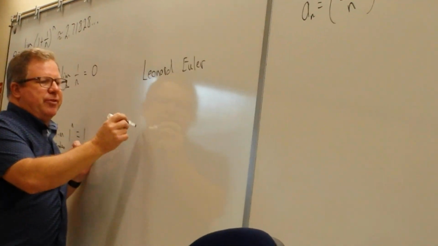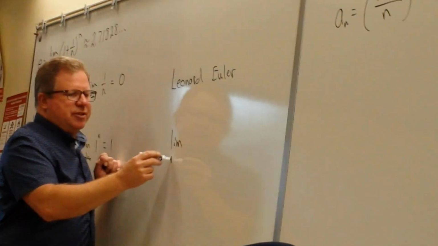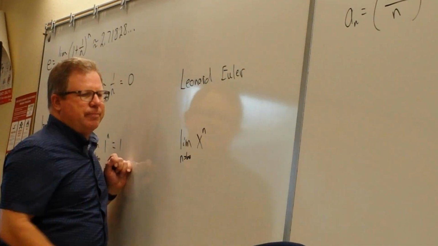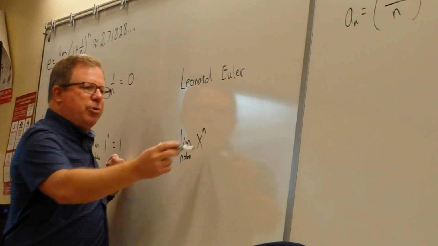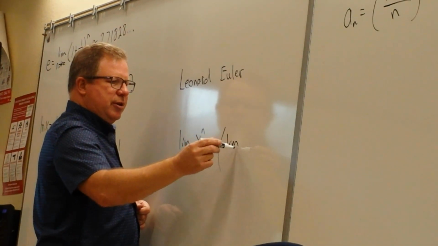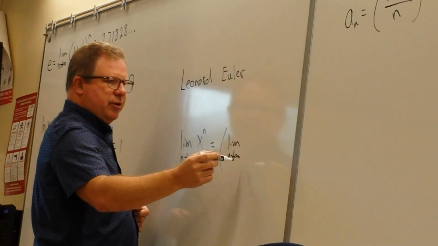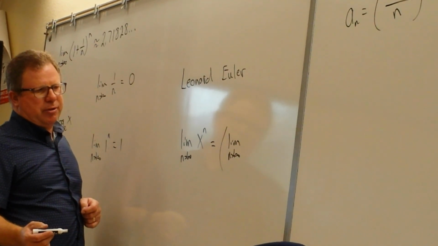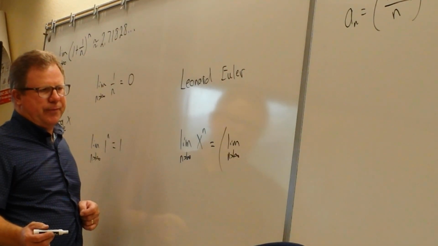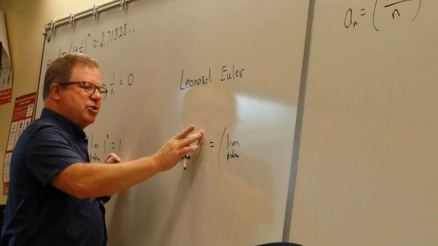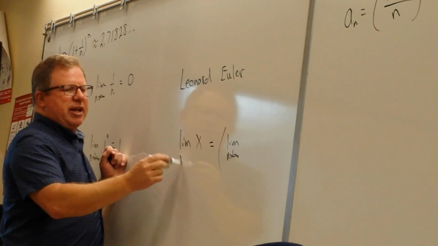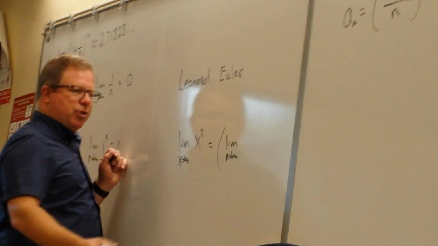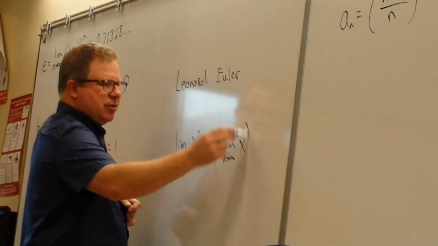When you have the limit as x goes to infinity of x squared, it could also be written with the squaring on the outside, the limit of x, squared.